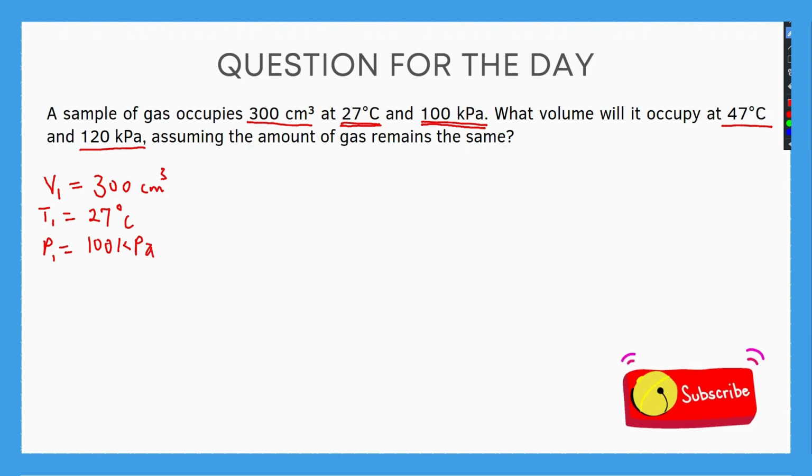Now, what are they asking us to do? They said, what volume will it occupy? What volume will it occupy tells us that V2 will now be unknown.